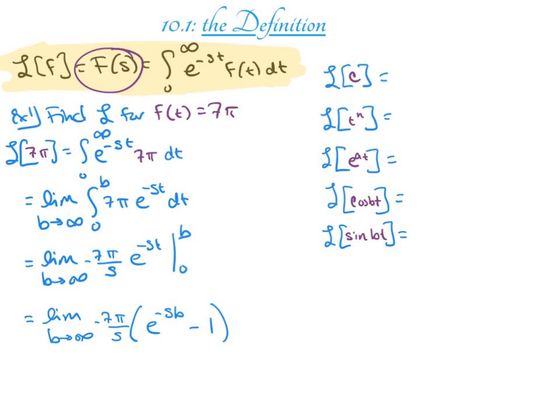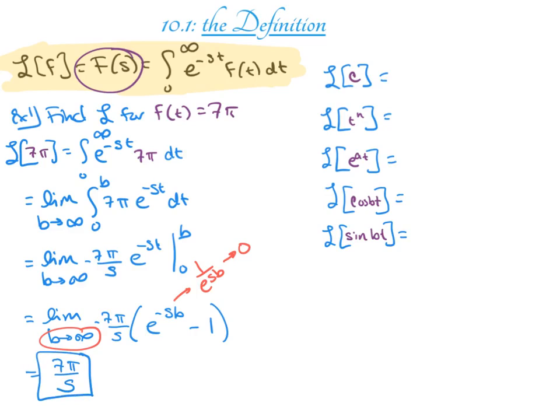But as b goes to infinity, remember, e to the negative sb really is 1 over e to the sb, and as b goes to infinity, this is going to 0. So we have negative 7 pi over s times negative 1. In other words, we have 7 pi over s.